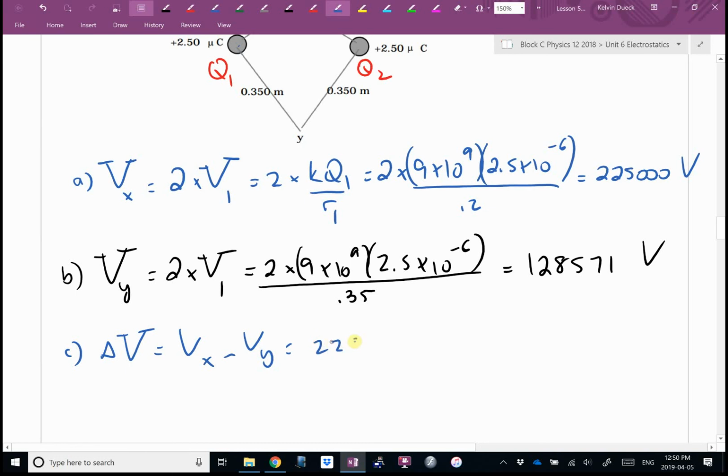So it's going to be 225,000 minus 128,571. That'll be something in the 90,000s. And use your answer button if you can, because the 225,000 is easy to type.